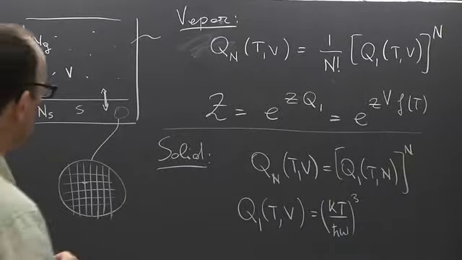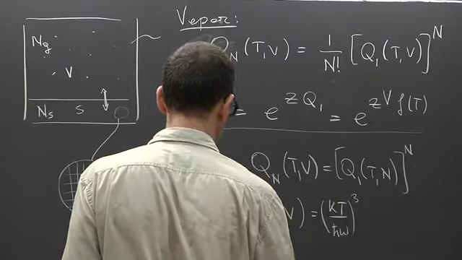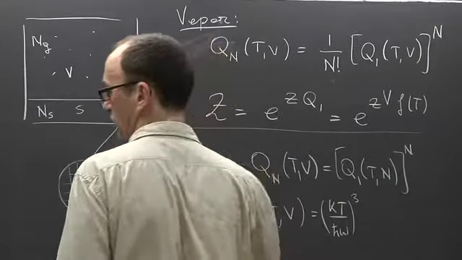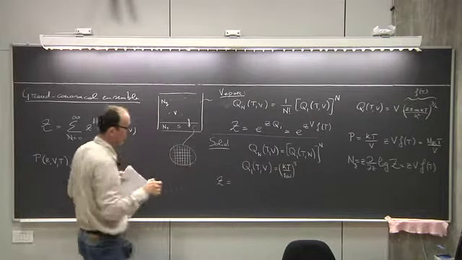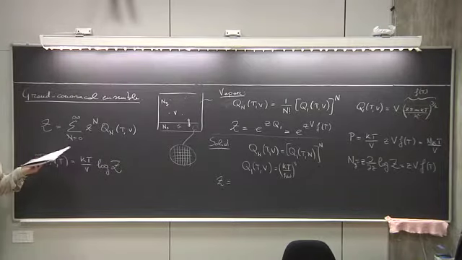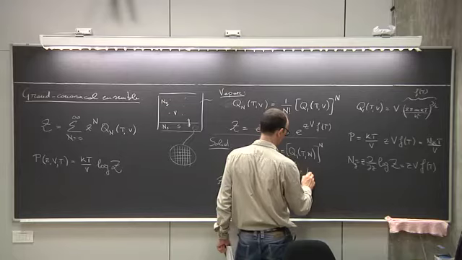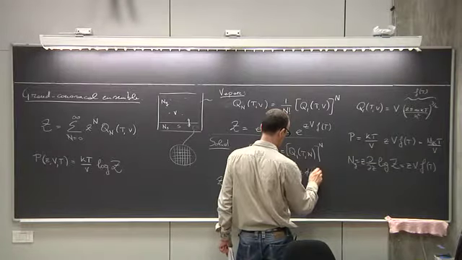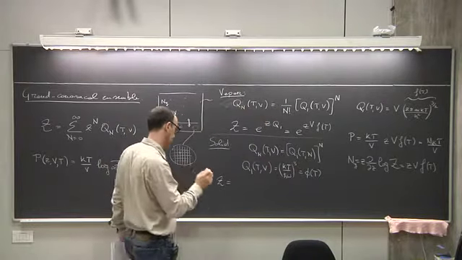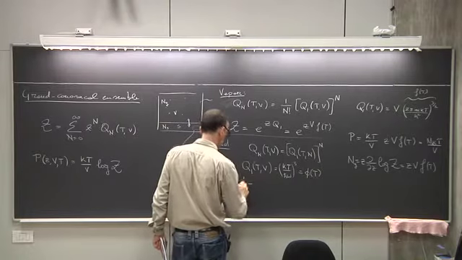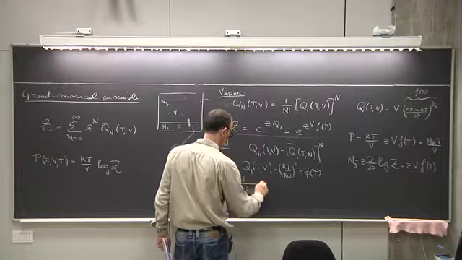Then my canonical partition function, if I use this formula here, turns out just to be the geometric series. And if I call this function phi of T, then the grand canonical partition function is 1 over 1 minus z times phi of T.